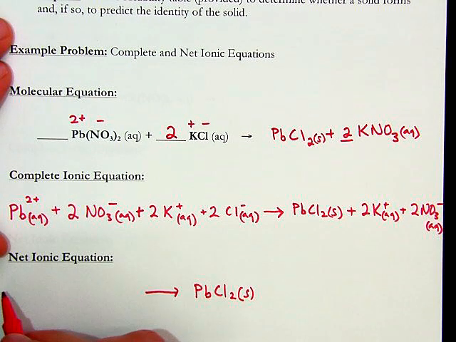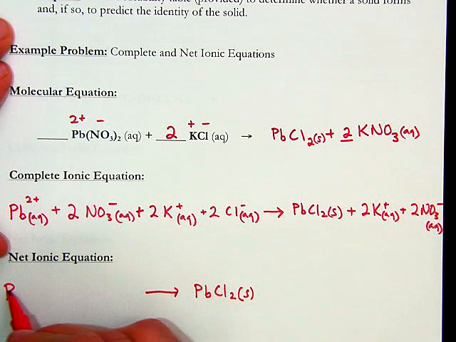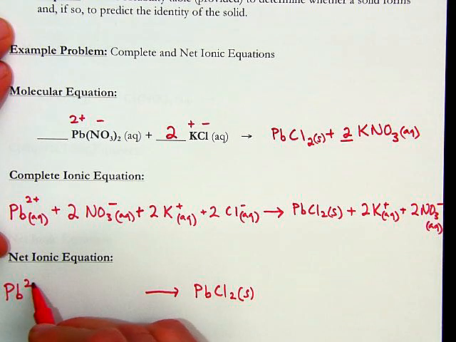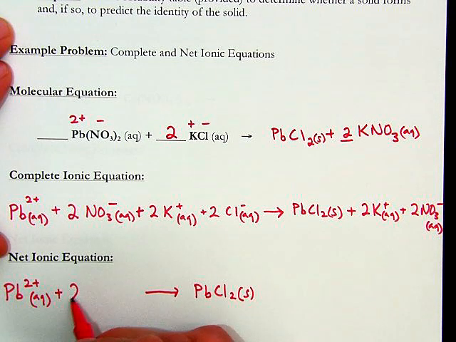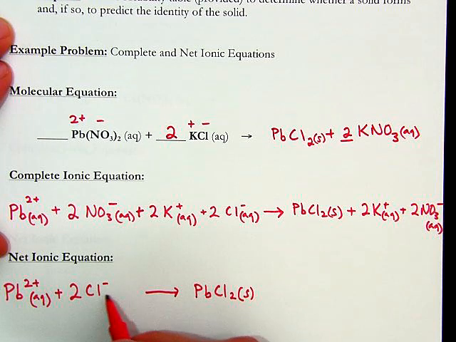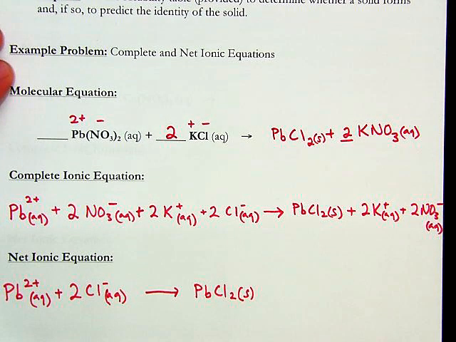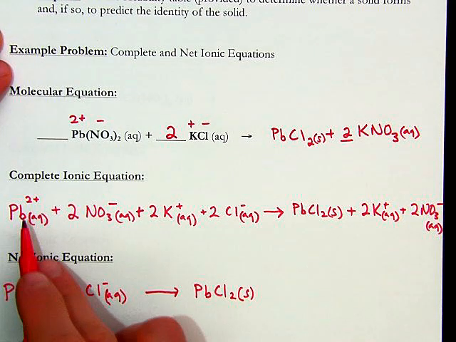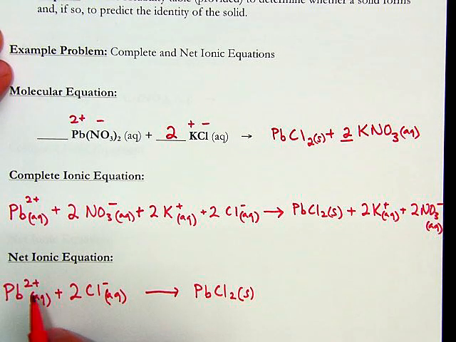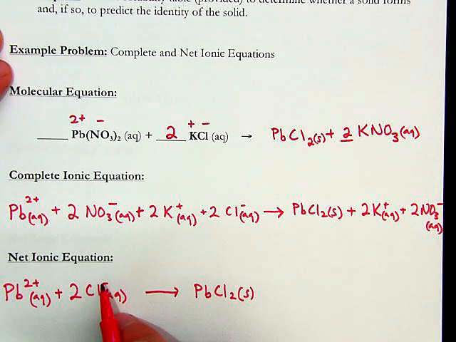And on this side, we're going to have Pb plus 2 chlorines, and that gives us our solid. It includes only the ions that go into making the solid.